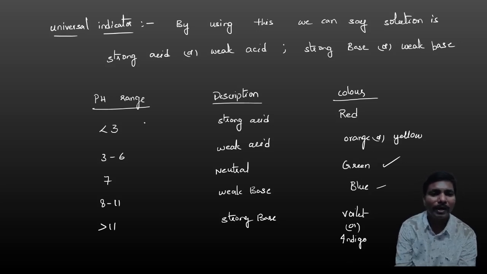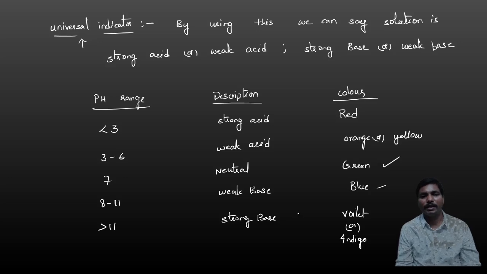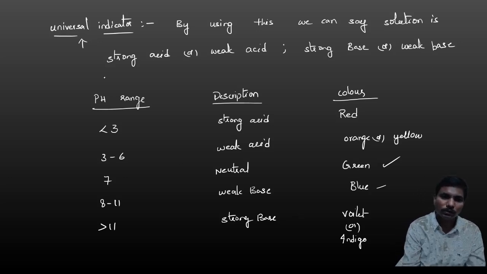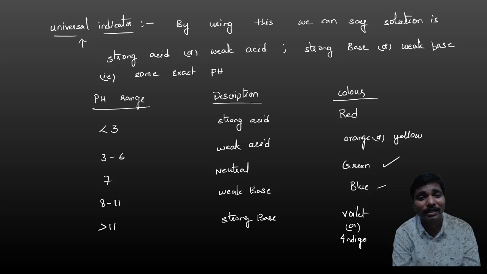So by using the universal indicator, we can get the exact pH value. We will get a question like the following: which indicator do you use to find out the exact pH?